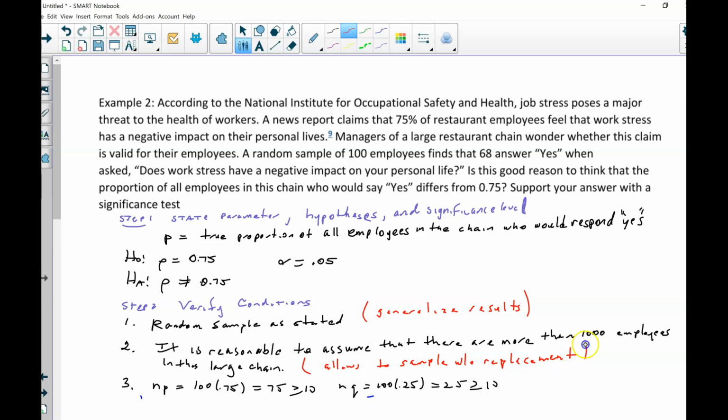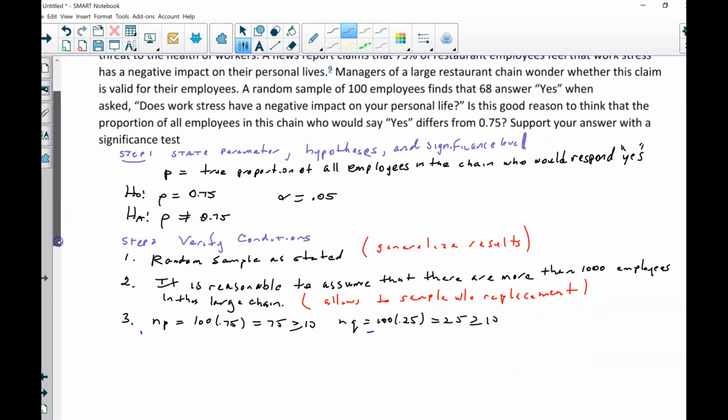And the reason for it is it allows us to sample without replacement. And the last condition is that large count condition. Be aware that in this case, we're using the parameter. And again, the reason why we're using the parameter as opposed to p hat is p is defined in the null hypothesis. That 0.75 is assumed to be true. So that's what you have to use in the large count condition and in the standard error.